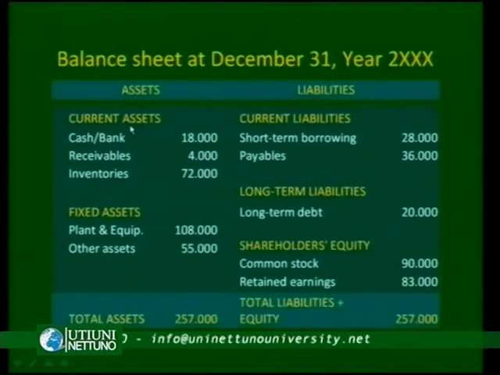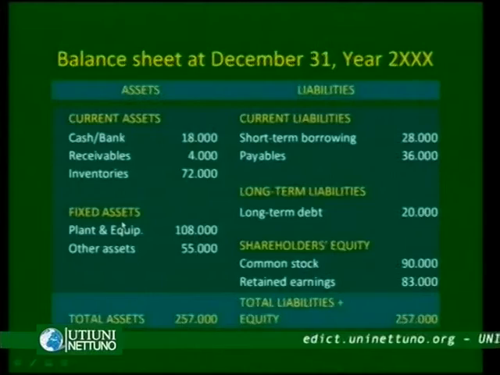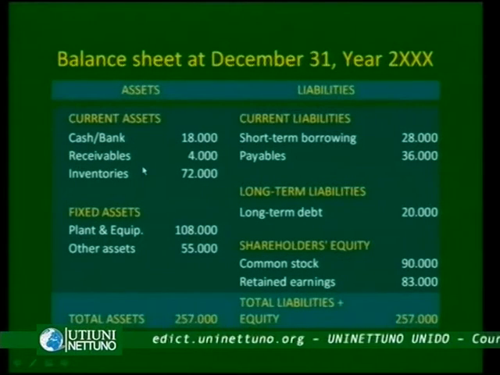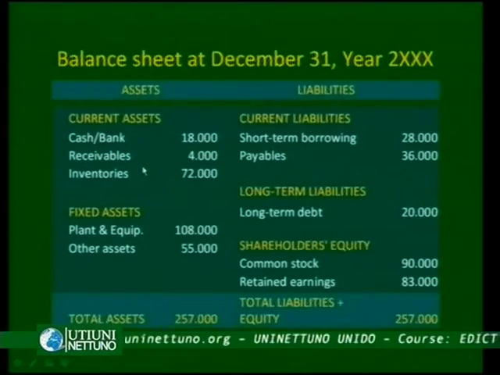So on the left side of the balance sheet, we divide the assets depending on their short-term and long-term nature that we have already discussed in previous classes. So we find current assets and fixed assets depending whether their life is shorter or longer than 1 year.